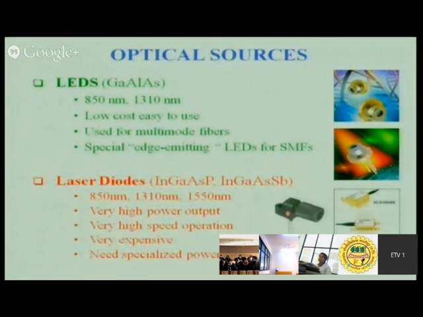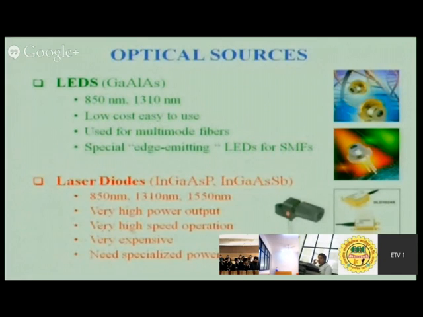In the LEDs, the power is hardly of the order of microwatts, whereas for the laser, it can go to milliwatts or even watts, or very high power depending on the requirement. But mostly for communication, we use milliwatt laser diodes, because more power is also not desirable in optical fiber communication. That leads to different types of impairments.